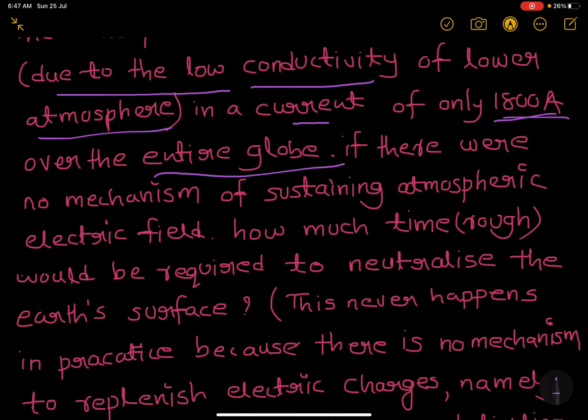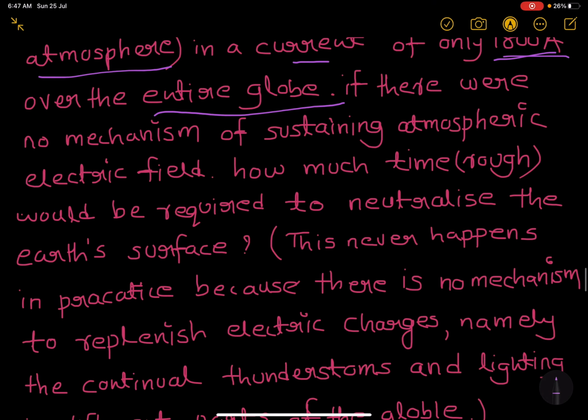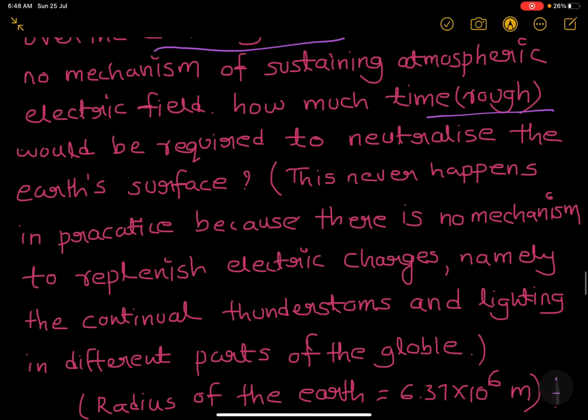If there were no mechanism of sustaining the atmospheric electric field, roughly how much time would be required to neutralize the earth's surface?